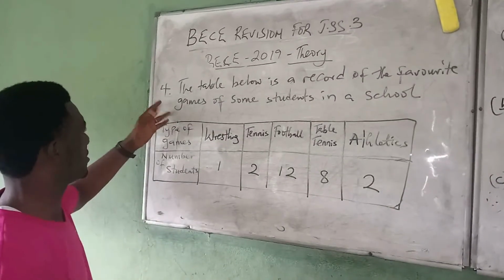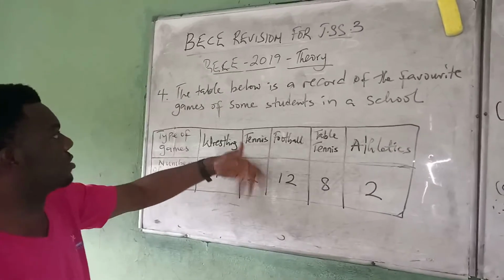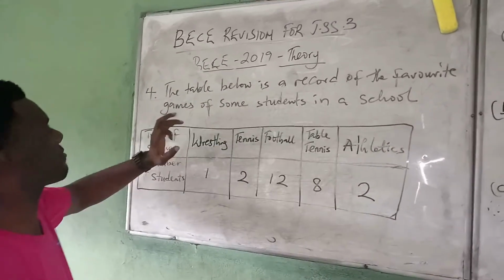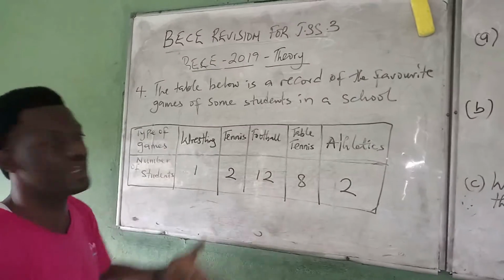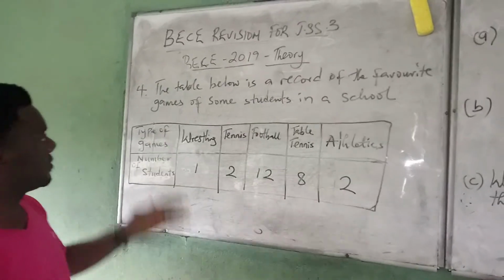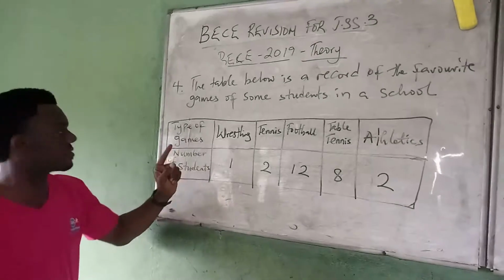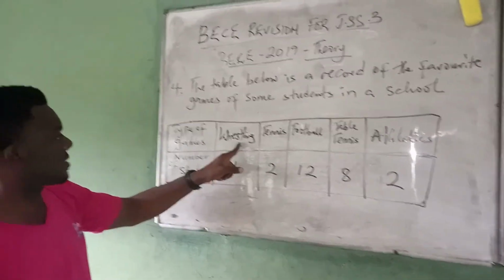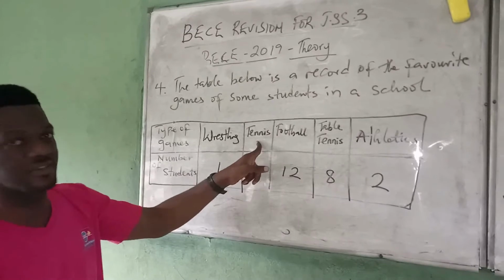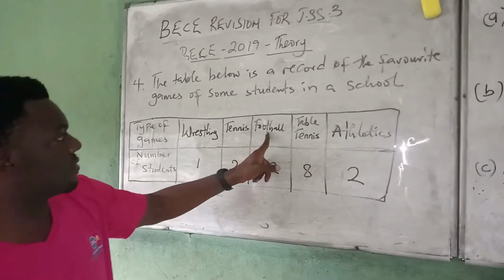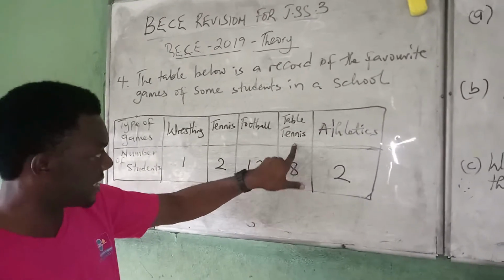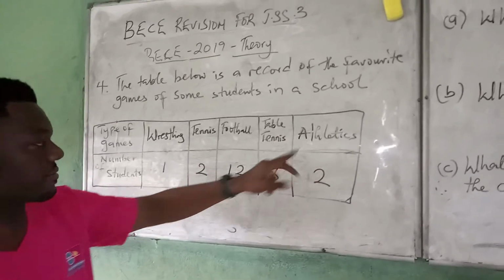Number 4 says, the table below is a record of the favorite games of some students in a school. You see, this is the type of games: wrestling, tennis, of course lawn tennis, football, table tennis, athletics.